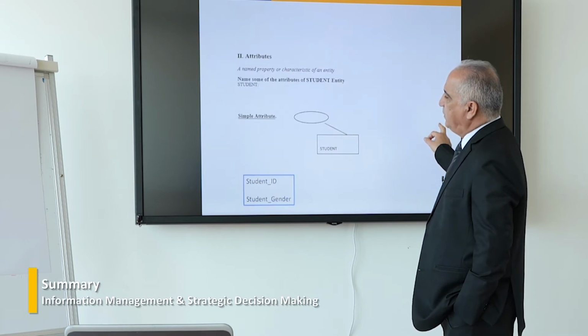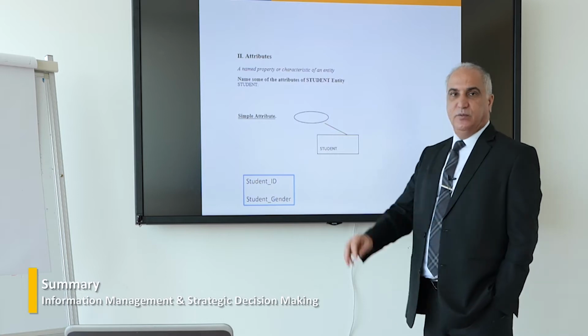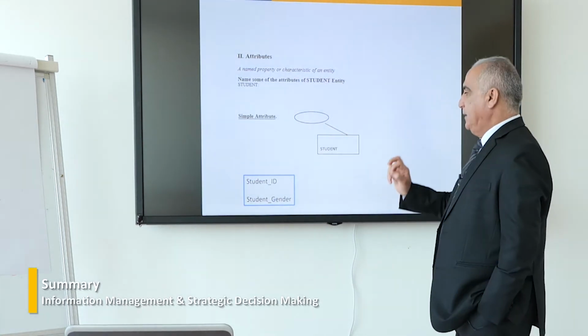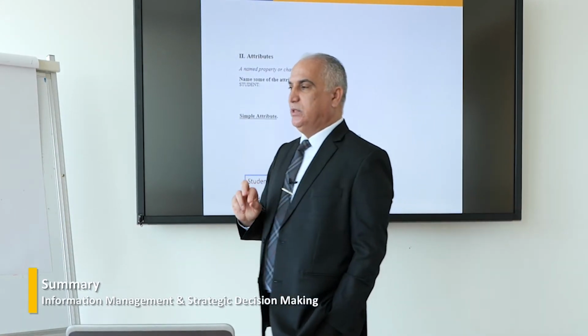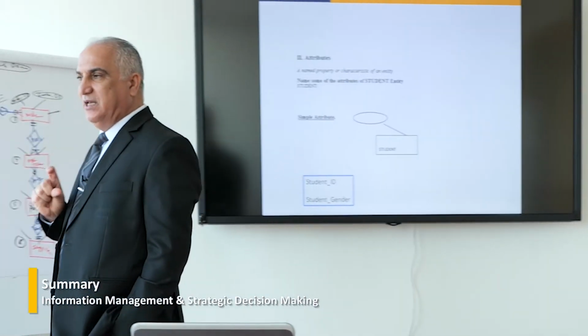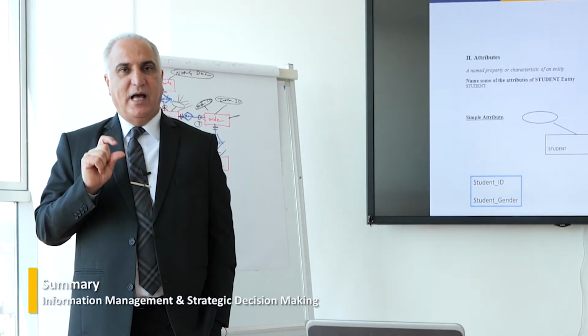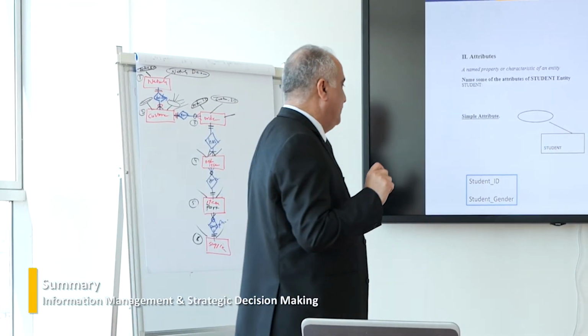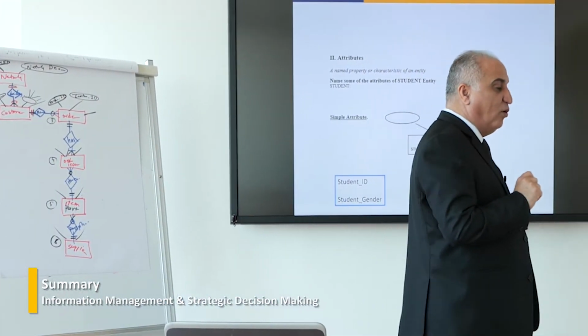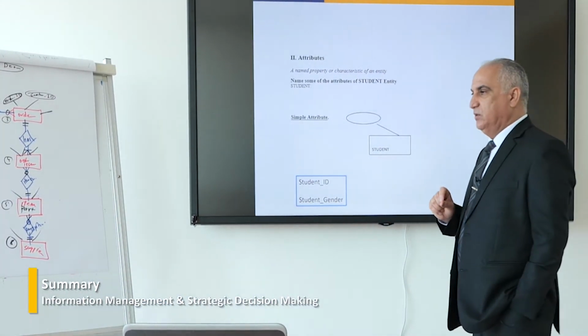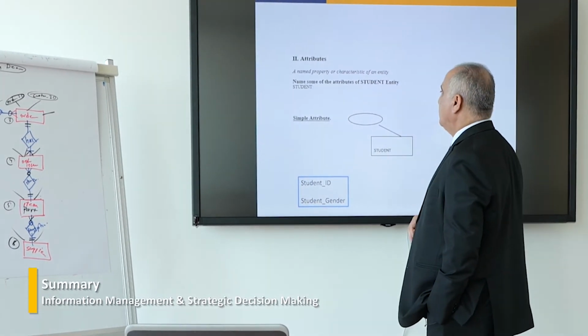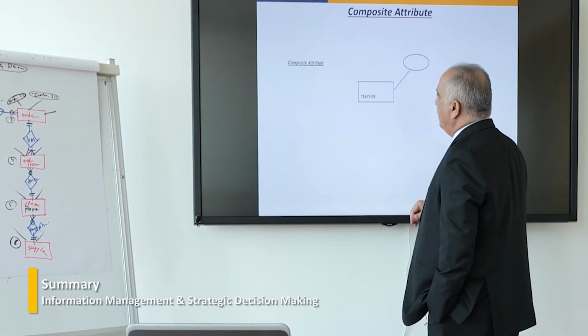We done what we call simple attribute, which is a single value. Example, your student ID. You have only one value for student ID. That's the reason it's called simple value. Gender, you have only one instant value for gender to store into that entity.